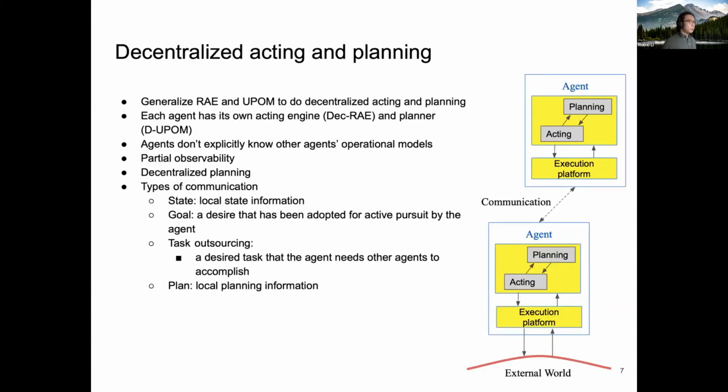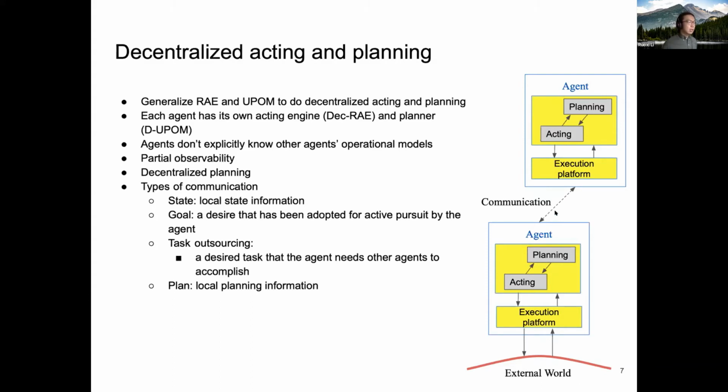Okay, so the main contribution or motivation of our paper is to make the system decentralized. Suppose there are different agents. Each of them has their own local planner and actor and their execution platform. In order to cooperate, they have to communicate with each other.